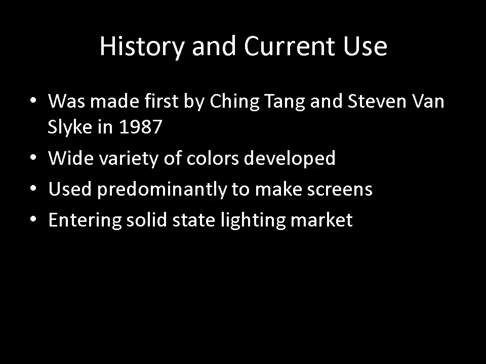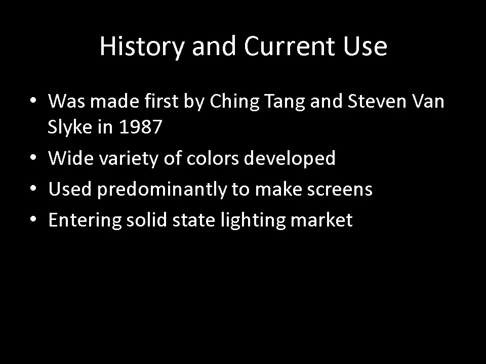Although the electroluminescent property of organic materials was discovered much earlier, Ching Tang and Stephen Van Slyke fabricated the first OLED diode in 1987. Over the years, the OLED technology has been expanded to a wide range of color spectrums and has made its way into the consumer market.